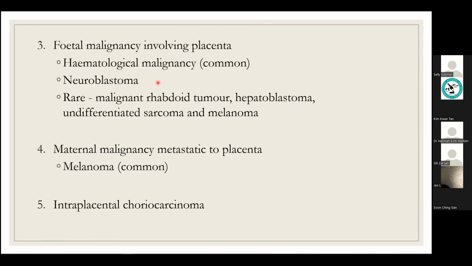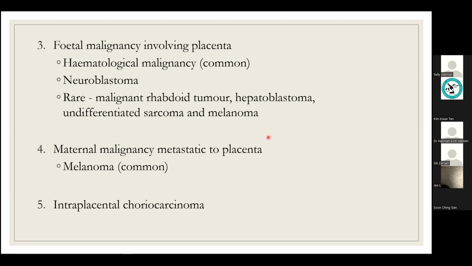The rarest, reported in the literature, are malignant rhabdoid tumor, hepatoblastoma, undifferentiated sarcoma, which really has no differentiation and is very malignant, and also melanoma.